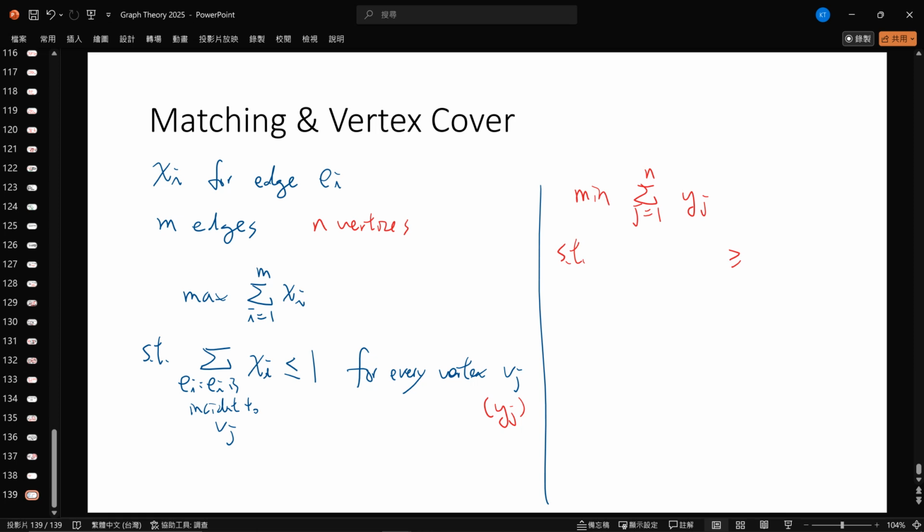And in the constraint, we have to make sure that the coefficient is large enough compared to the original coefficient. The original coefficient for every variable in the primal problem is 1.